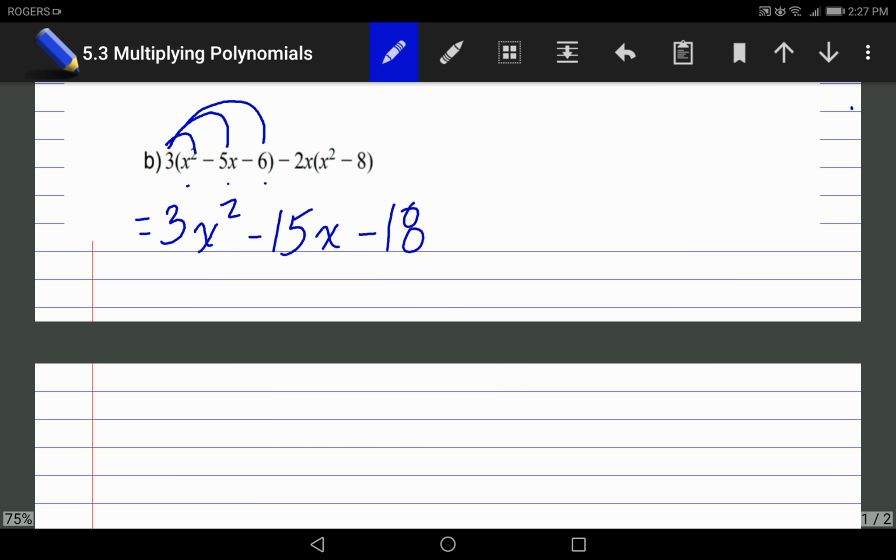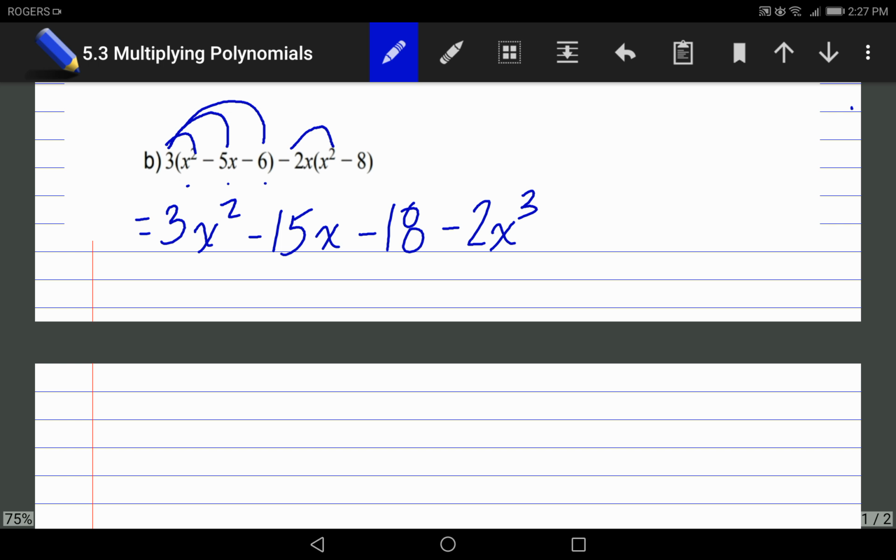Don't just look at it as a 2x. My strong suggestion to you is to look at it as a negative 2x times x squared. So use the sign that's in front. Negative 2x times x squared is negative 2x cubed.